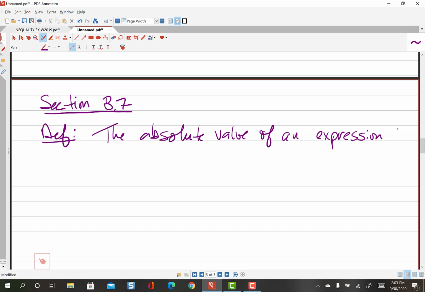So the absolute value of an expression is its distance from 0. How far away it is from 0. For instance, if you were asked, what's the absolute value of 10?